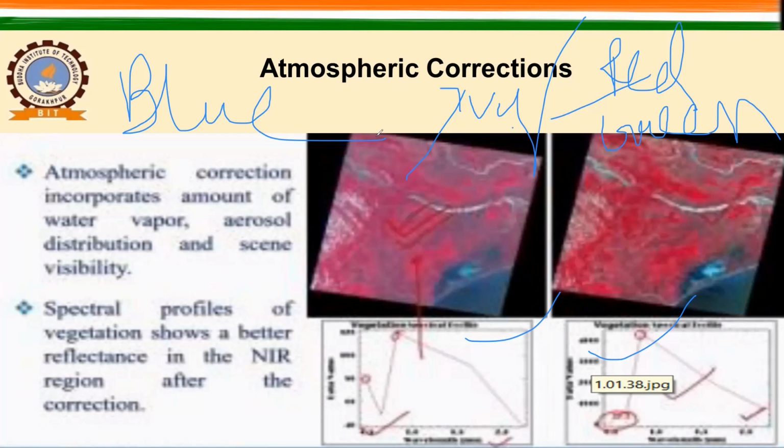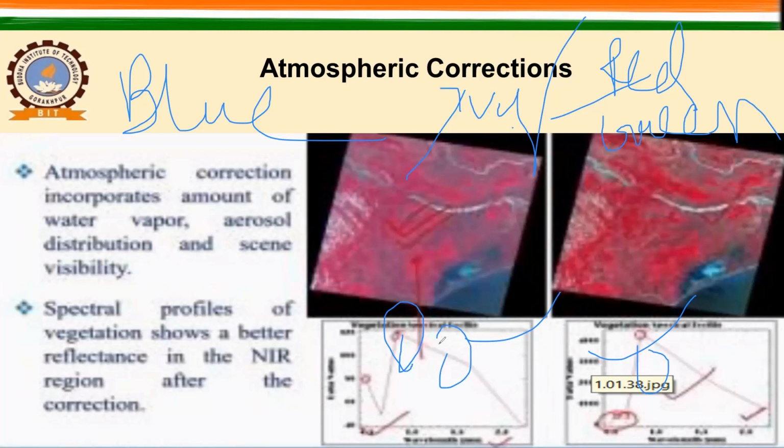Okay. So what is this? This is basically the reflectance value, and this is the wavelength. Now, if you remove the atmosphere from this, then what will happen? Your spectra will be more accurate, because if you see, here you have only one peak, but here you have two peaks.